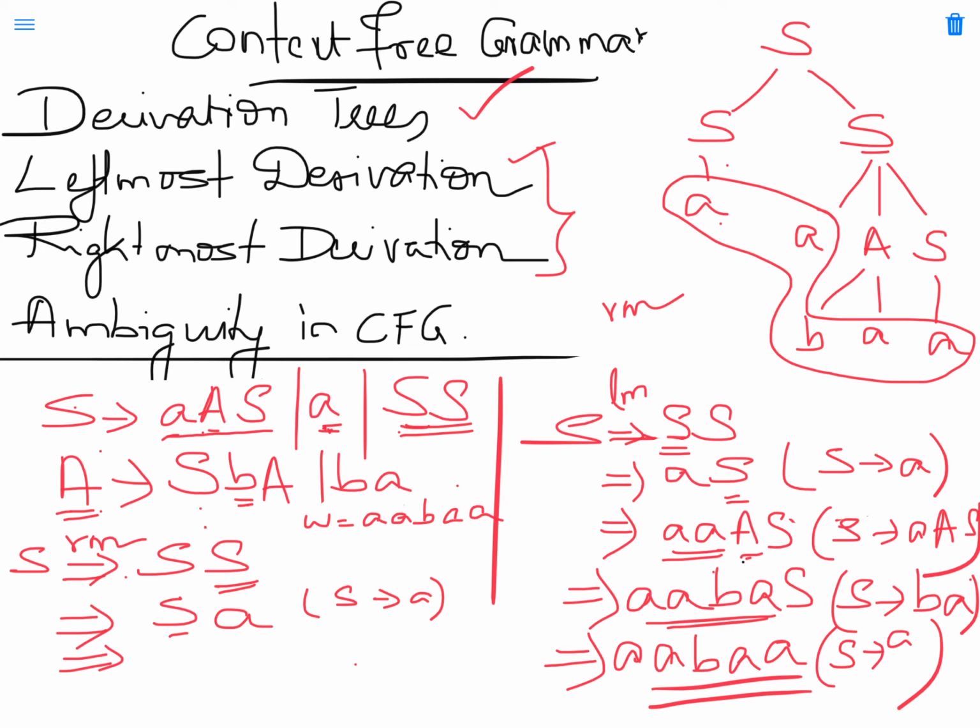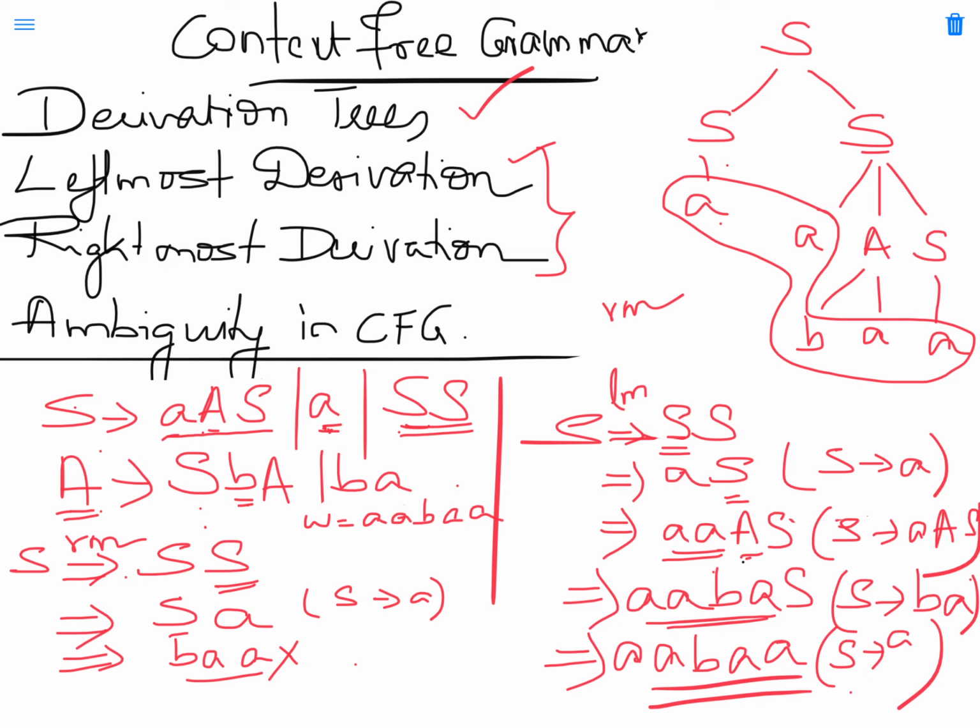Here you can check this against the leftmost derivation. In SA, what have you used? S gives BA. So you can take S gives BA. If you take that, what happens? It will generate a string that is not the string you have to generate.